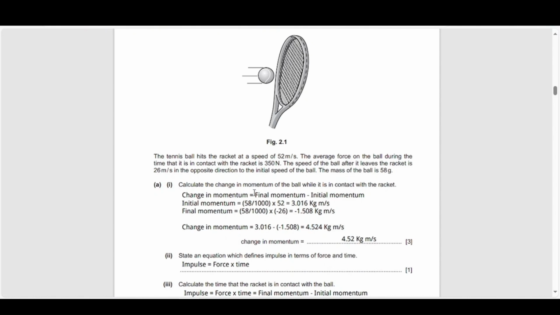Obviously, if you were to stick to the original formula I put in place, you'd have minus 1.508, and then minus 3.016, and that's going to give you minus 4.524. And again, there's nothing wrong with that because your answer is still correct, your units are still correct. But because they're interested only in the magnitude, I've just called it 4.52 kilogram meters per second because the change is just the difference here.